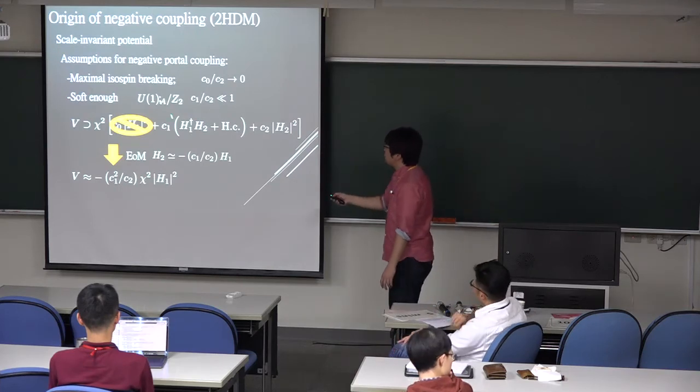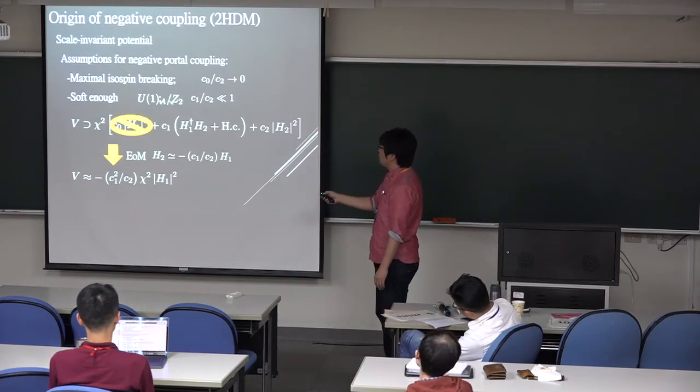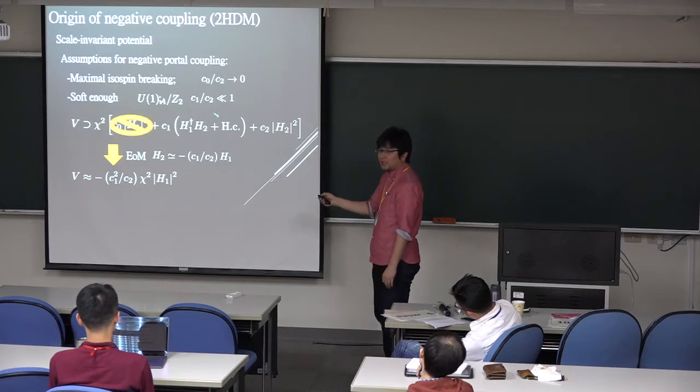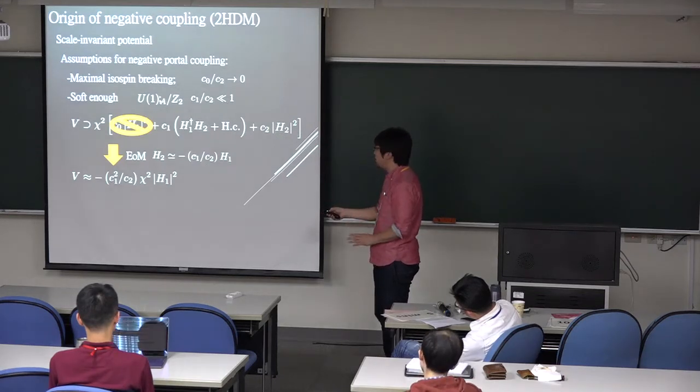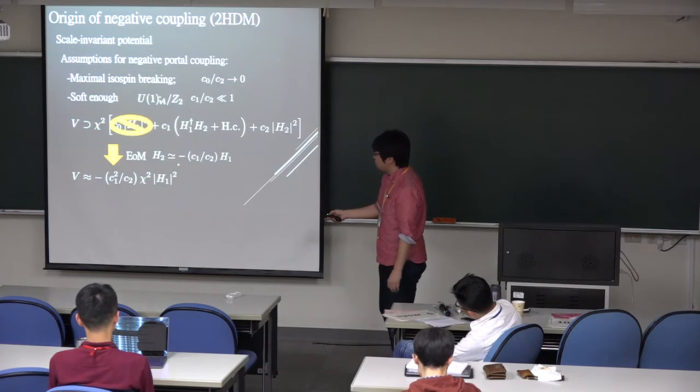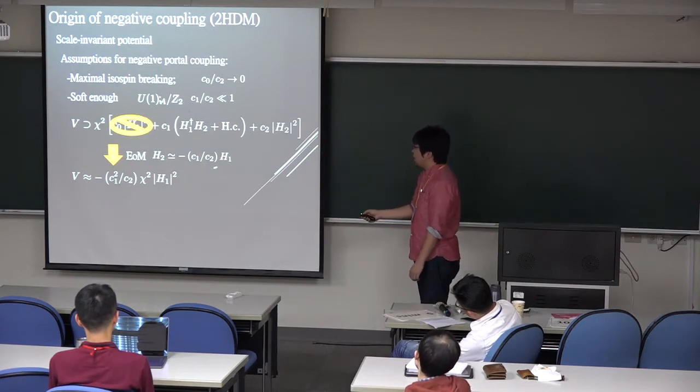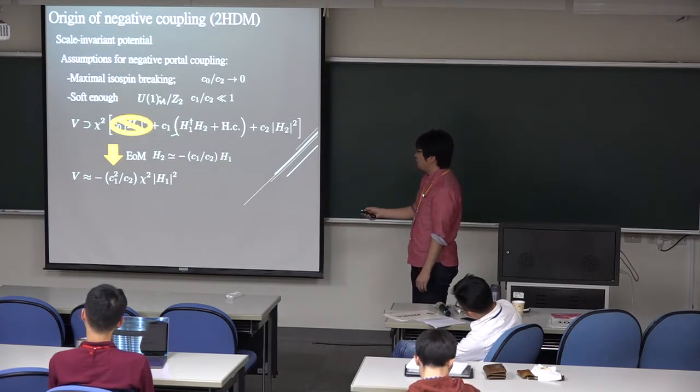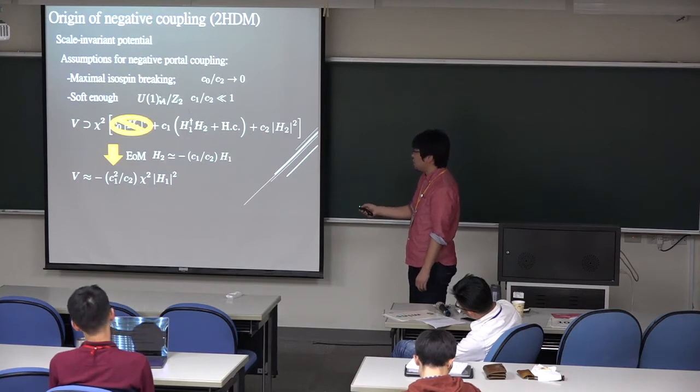And since we are now considering that H2 must be much heavier than H1, we can integrate out H2 by using the equation of motion this way. When you plug this relationship into the original one, you can get this potential.